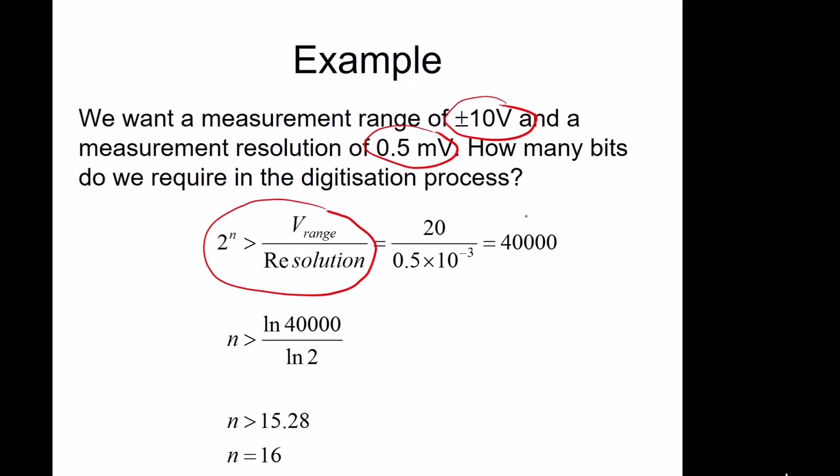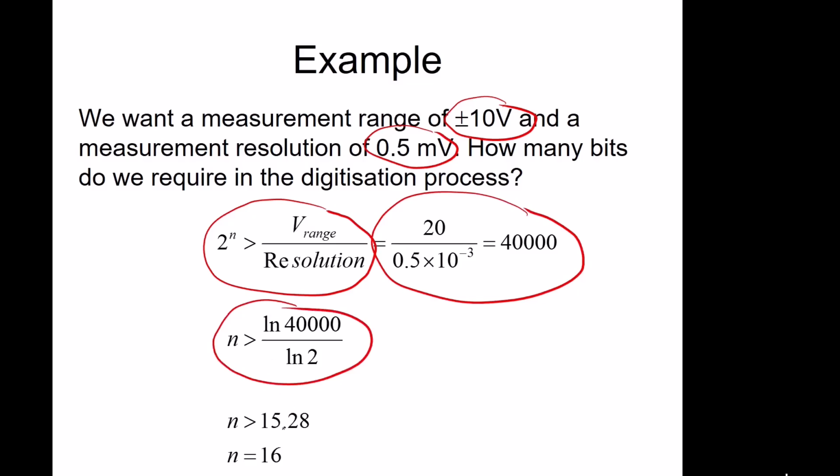If we work that out, in this case it is 40,000, and therefore n has to be greater than 15.28. So to obtain a 0.5 millivolt resolution in a 20 volt range input, we will need 16 bits in the digitization process.